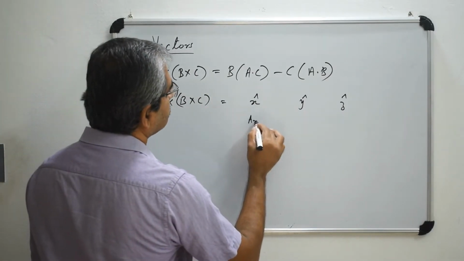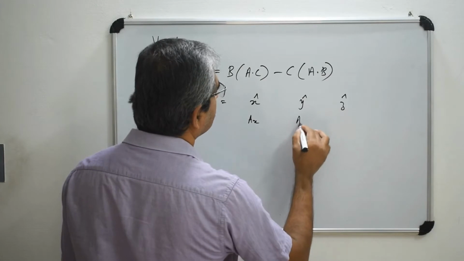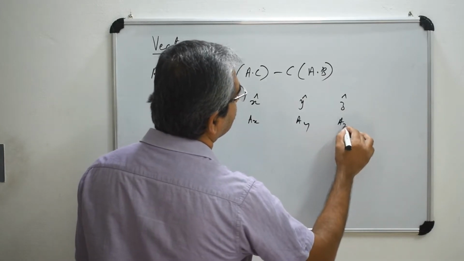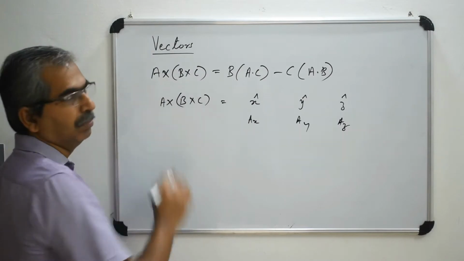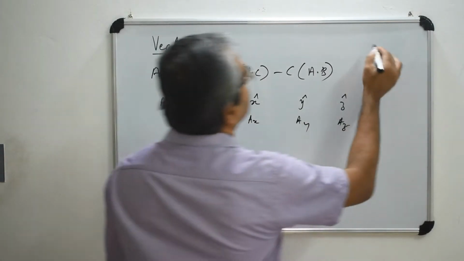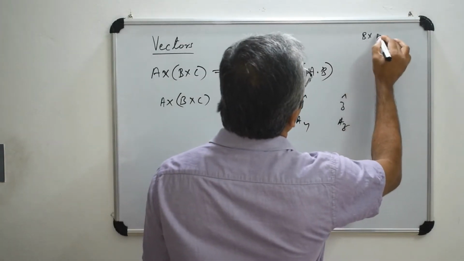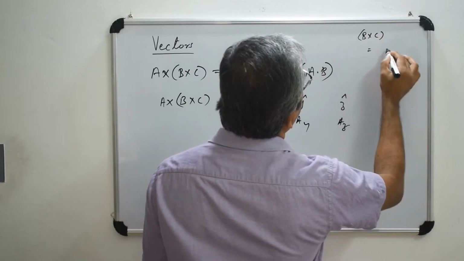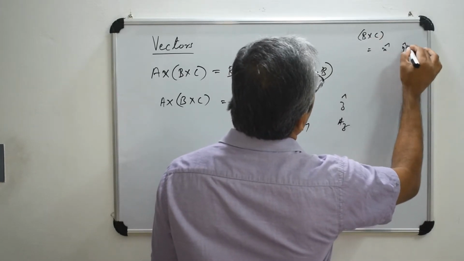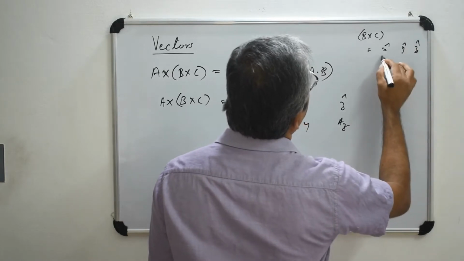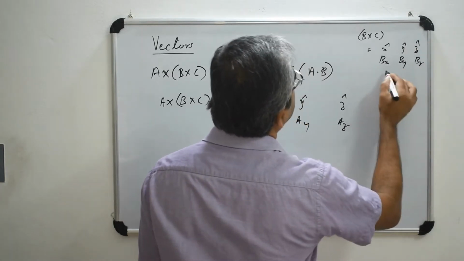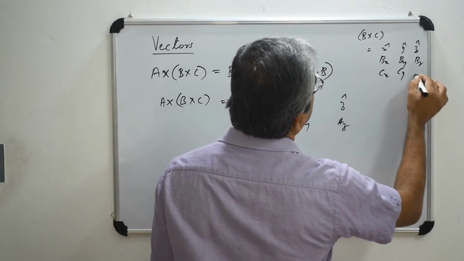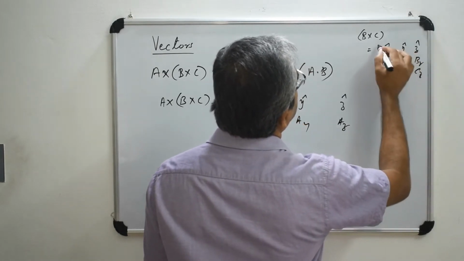So you can write it as Ax, Ay, Az, then the components of B cross C. So what is B cross C? B cross C equal to X cap, Y cap, Z cap, Bx, By, Bz, Cx, Cy, Cz, isn't it?